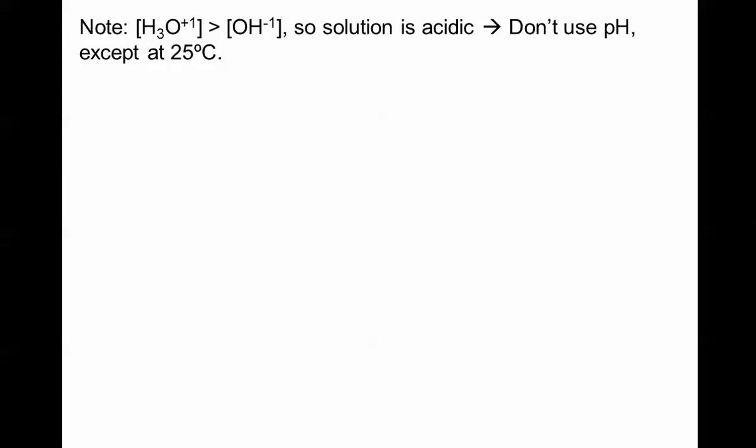Don't use pH unless you're talking about 25 degrees Celsius, because remember that pH is based off of 25 degrees. So the equilibrium numbers are based off that. The solution is acidic because we know that the hydronium ion is greater than the hydroxide ion.